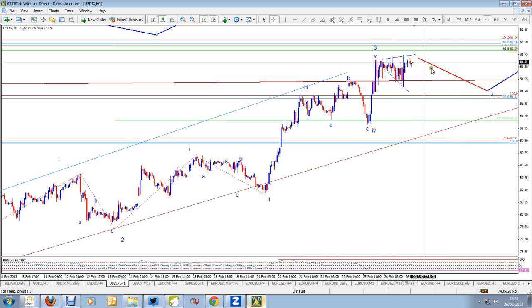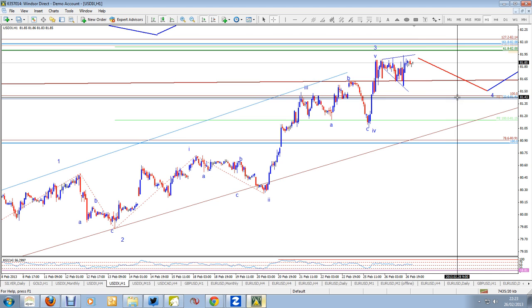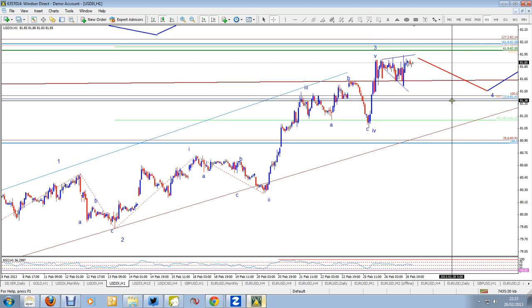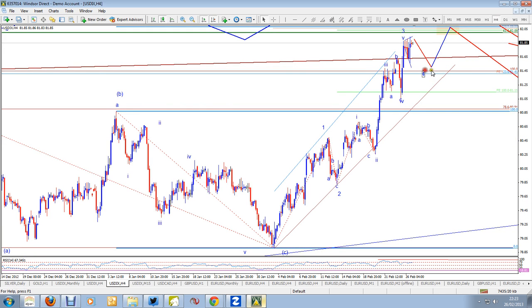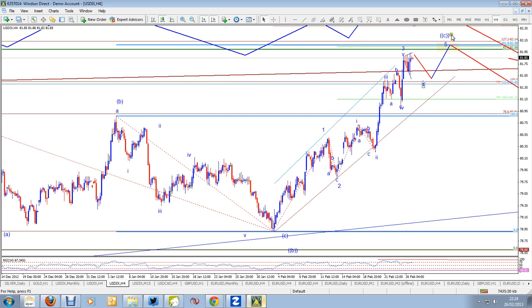So the dollar index could decline tomorrow or part of the day, form a low, which would be wave 4, and then once that wave 4 is complete, we will go for a final wave 5.